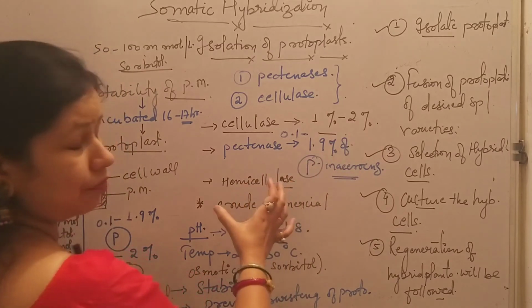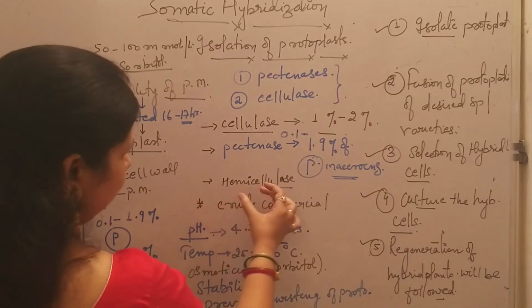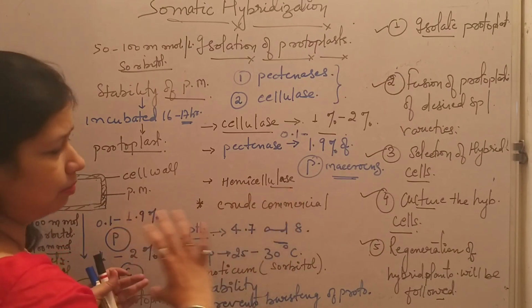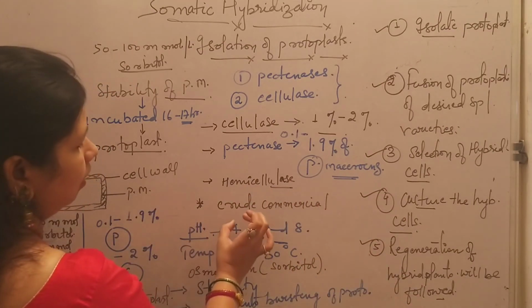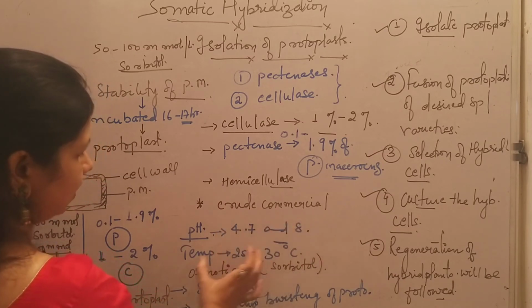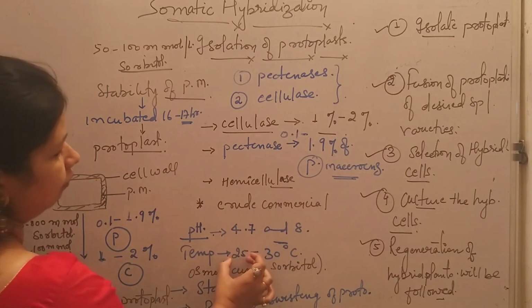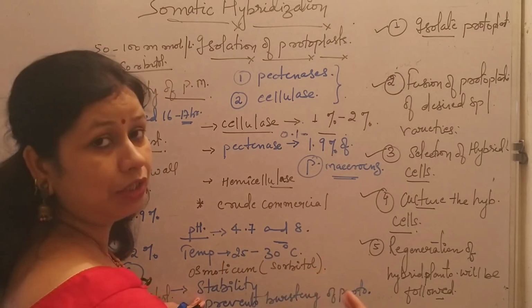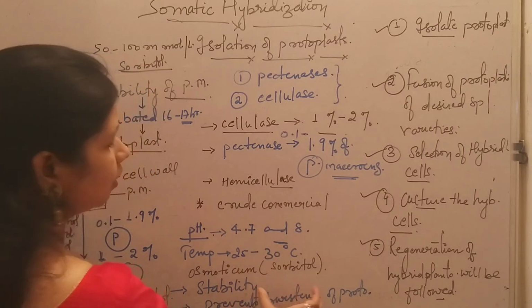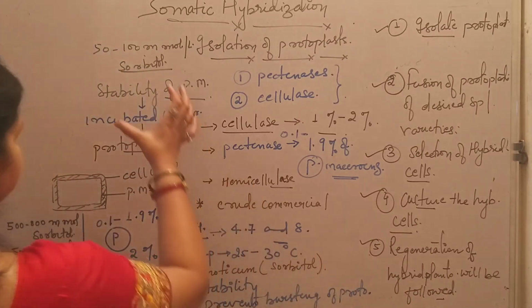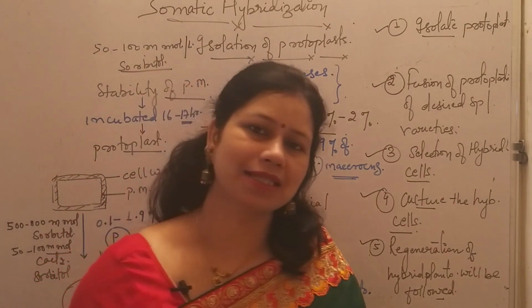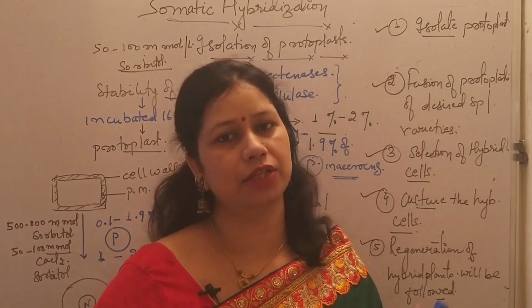Sometimes for specific plant tissues hemicellulase is also used, and we generally prefer crude commercial preparation of enzymes. pH can be between 4.7 and 8, and temperature between 25 to 30 degrees centigrade. Osmoticum is added to improve the stability of protoplast and avoid bursting, sorbitol as well as calcium chloride is added, and finally the isolation of protoplast is achieved. So this is all about the isolation of protoplast.